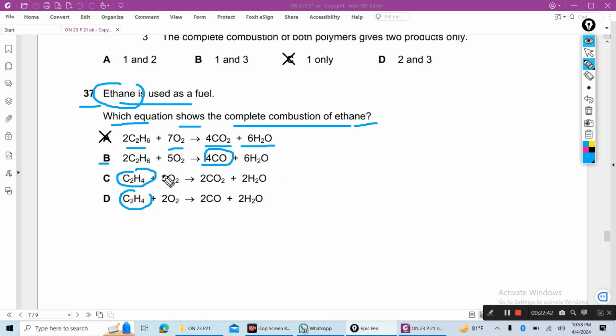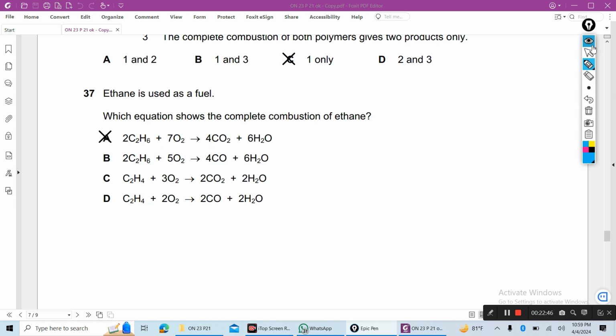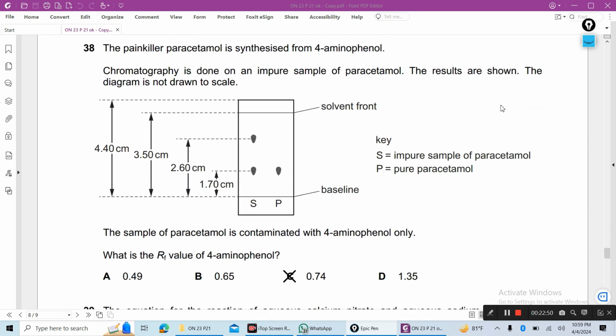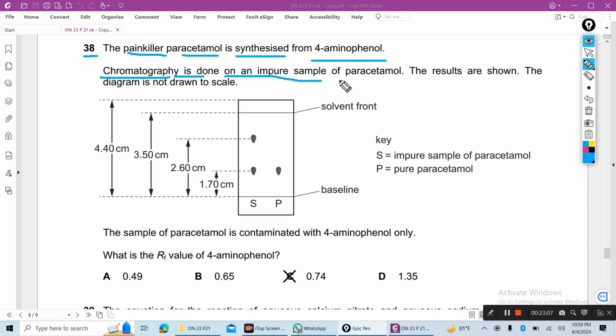A is the correct answer. Next, 38. The painkiller paracetamol is synthesized from 4-aminophenol. Chromatography is done on an impure sample of paracetamol. The results are shown. The diagram is not drawn to scale.